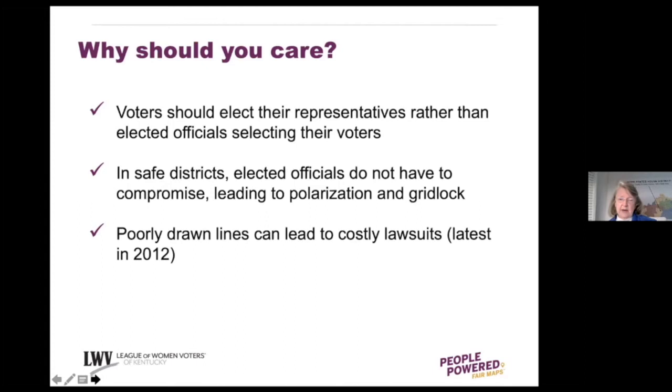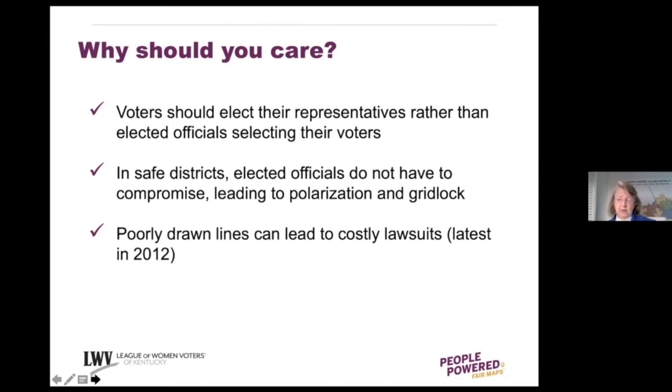The other thing that happens in safe districts when gerrymandering has occurred is that the elected officials are chosen frequently in the primary election instead of the general election. So it happens in the primaries when the parties select their candidate.